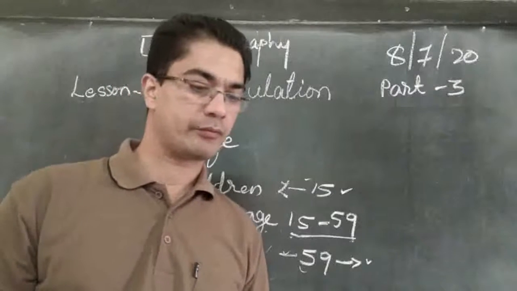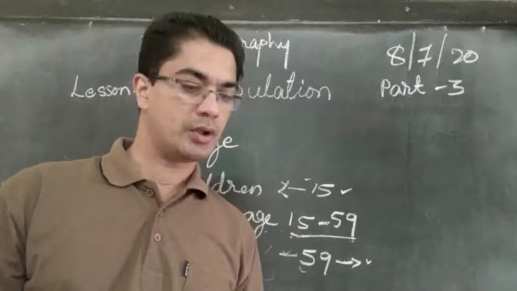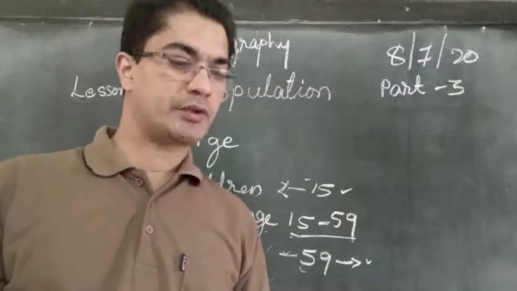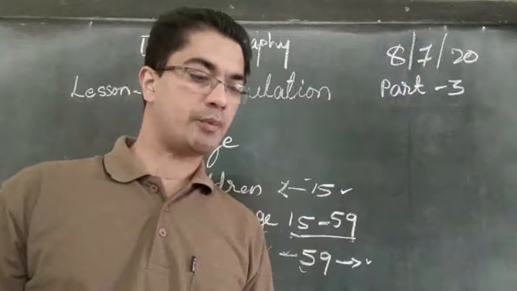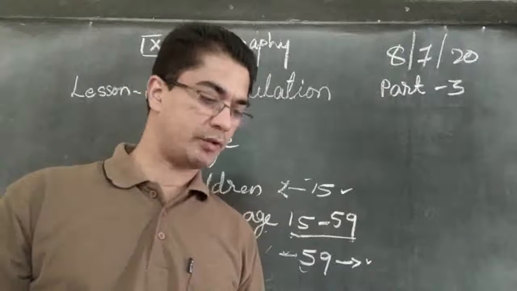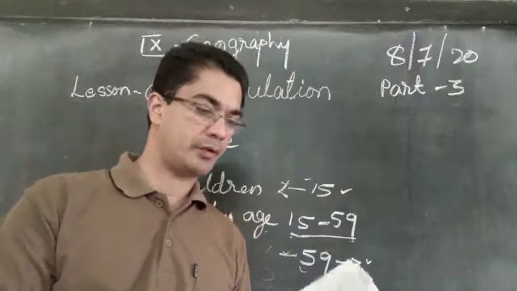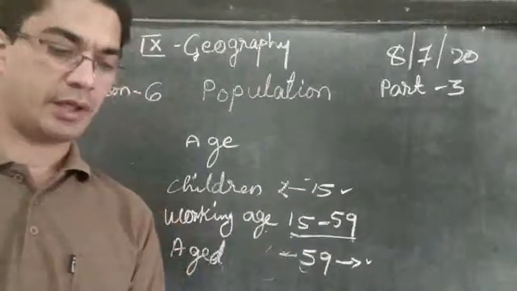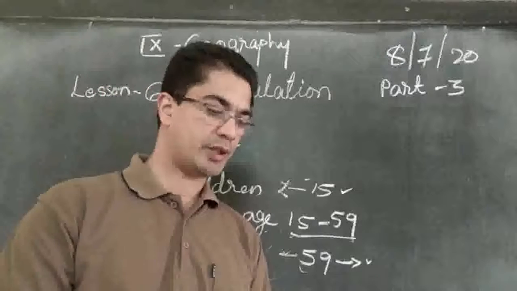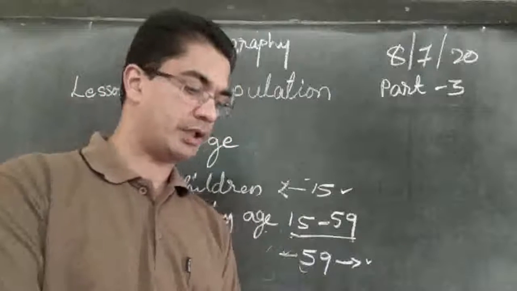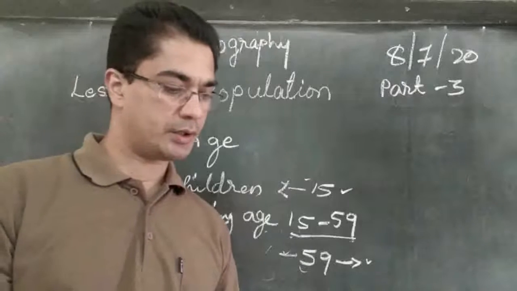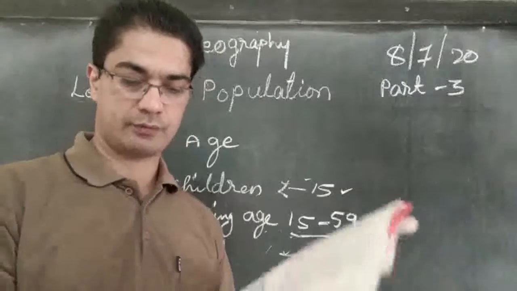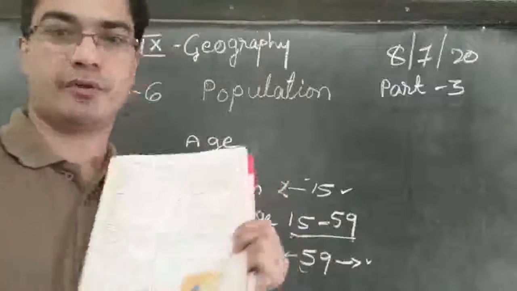Then, the proportion of the three groups in India's population is already presented in figure 6.5. So there is a figure 6.5 and there it is mentioned about the population of India. You must have seen the figure 6.5 that you will find here on the previous page.